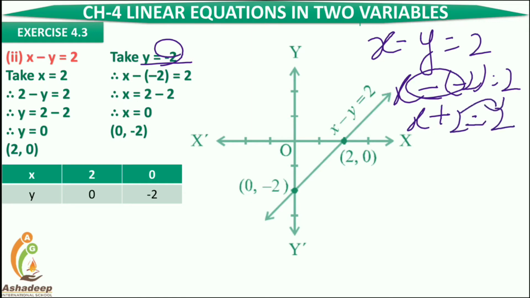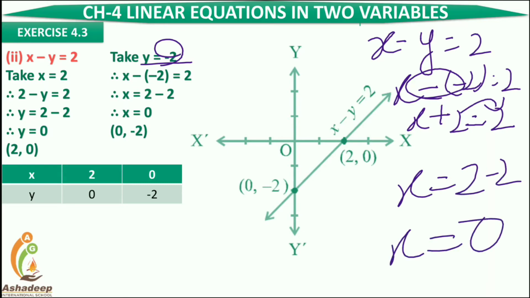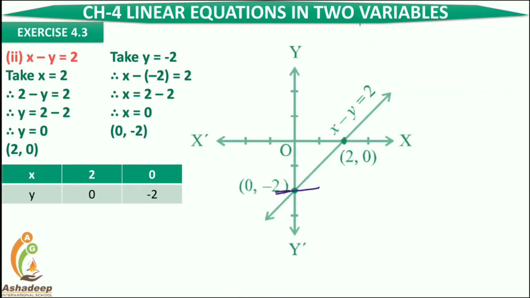And this 2 goes to the other side, it becomes minus. So it is nothing but 2 minus 2, so it is going to be 0. So the point is 0 comma minus 2. So here it is. This is the second point and this is the first point. And I simply join this line. And this is the line of x minus y is equal to 2.